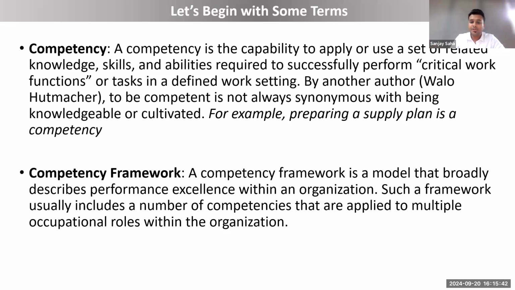So then a competency framework is a model that broadly describes performance excellence within an organization. So competency framework, what it does, it categorizes these different competencies into a structure that eventually defines how a particular activity should be organized, what are the performance excellence within that activity, and then to successfully do that activity, what kind of knowledge, skills, and behaviors are needed.